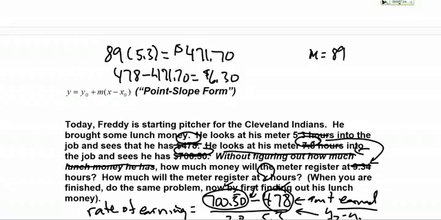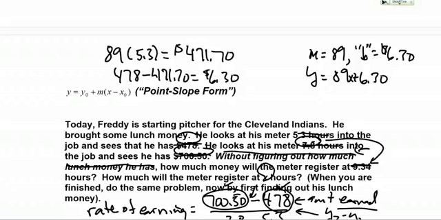So his slope is 89, and his y-intercept value is $6.30. Therefore the slope-intercept form of the line would be 89x plus $6.30.